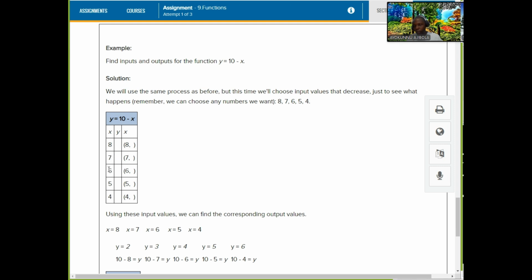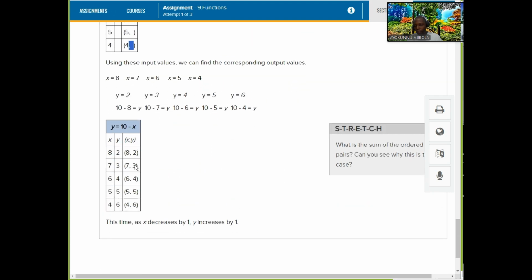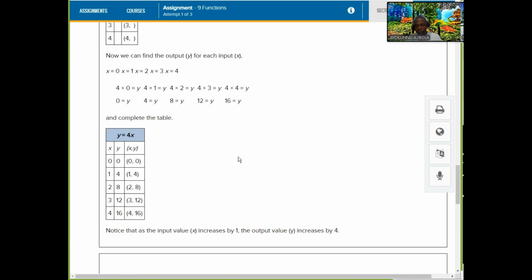Y is 3. 10 minus 6 gives me 4. Y is 4. And 10 minus 5 gives me 5. Then y is 5. While 10 minus 4 is 6. And y is 6. And you can see all those values on this table, right? Yes.